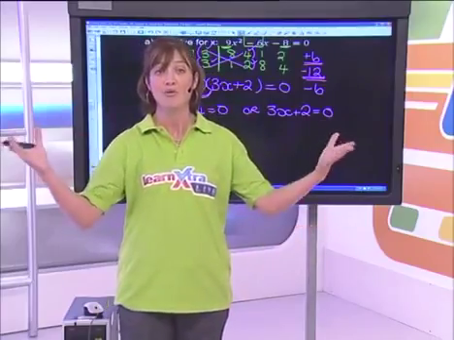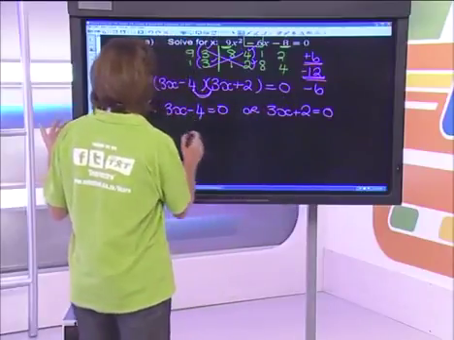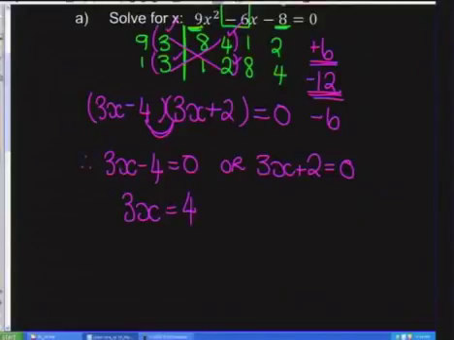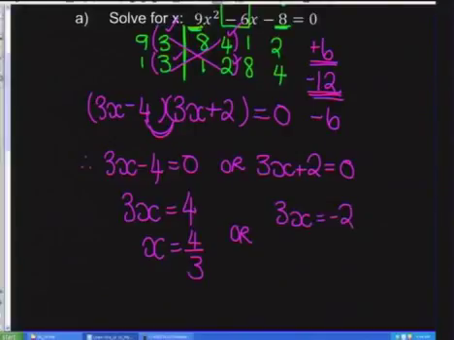So we've gone from quadratic down to linear, and now we can solve them. So we can say that 3x is equal to 4, so x is equal to 4 over 3. Or I've got 3x is equal to negative 2, so x is equal to negative 2 over 3.